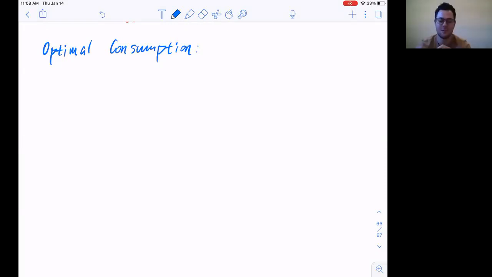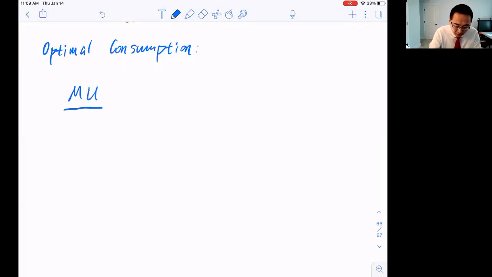Right? That's true. Yeah, but anyway, so the point is, your marginal utility can be very high, but if the price is even higher, then you still won't consume something. So what we look at is something called marginal utility per dollar, which is your marginal utility of a product divided by its price, okay? Now, the optimal consumption is reached when the marginal utility per dollar of everything you consume equals each other.